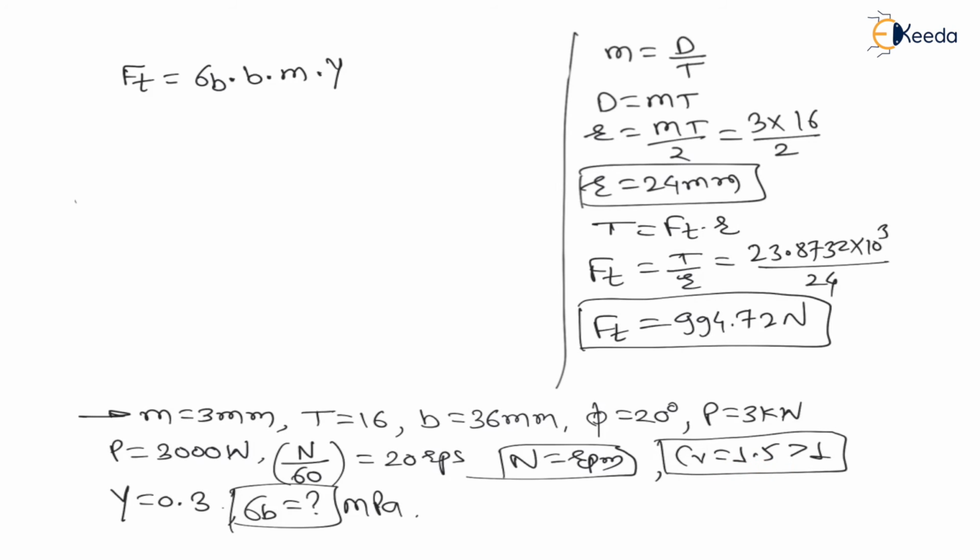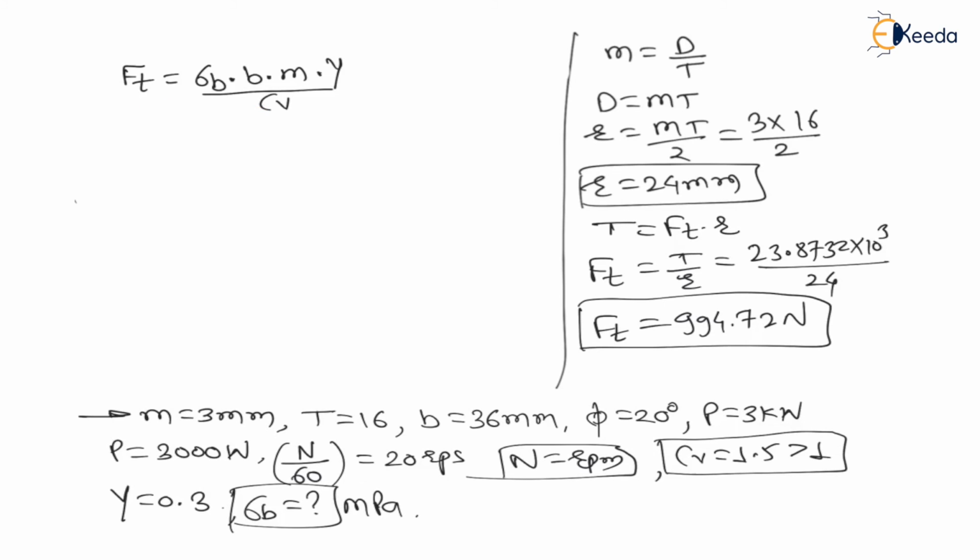If it is more than 1, we have to divide this factor, divided by Cv. If this factor is less than 1, then we have to multiply, right? That means this velocity factor is for dynamic load carrying capacity, for dynamic condition, and in dynamic condition the strength is decreasing. Ft is nothing but tangential force carrying capacity or strength in terms of force. Therefore we have to divide with this, right?